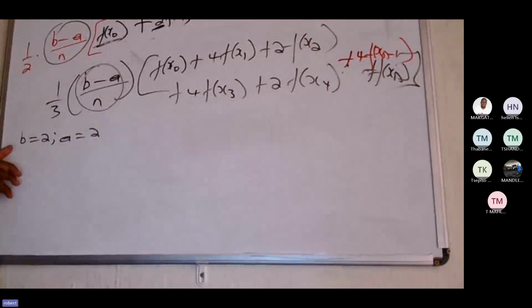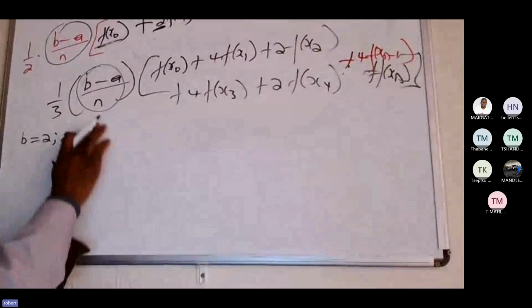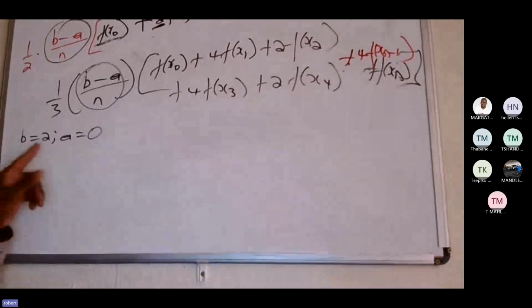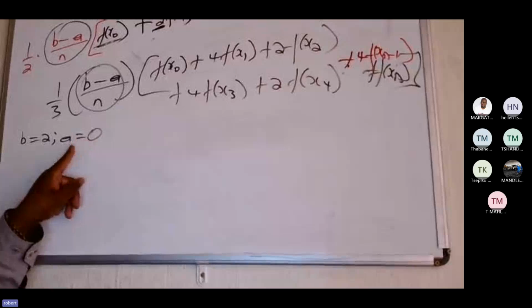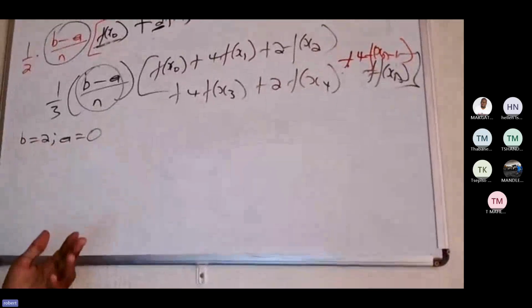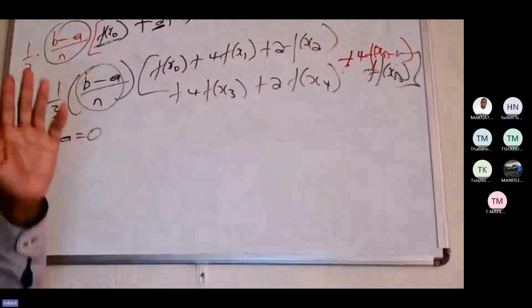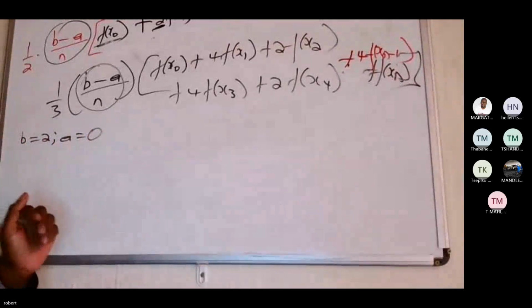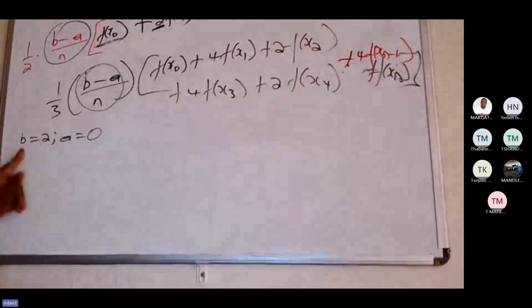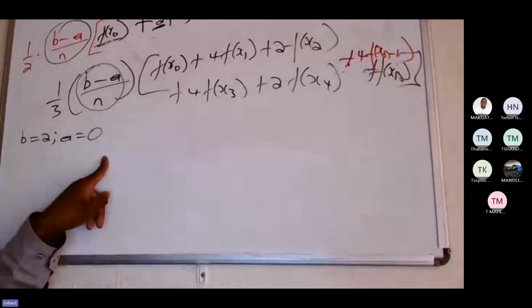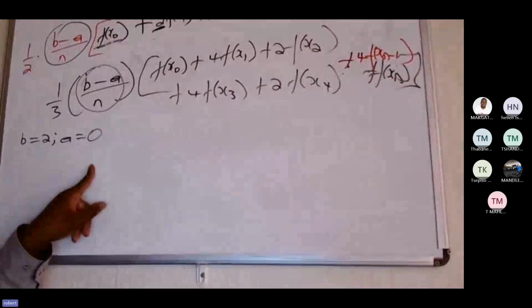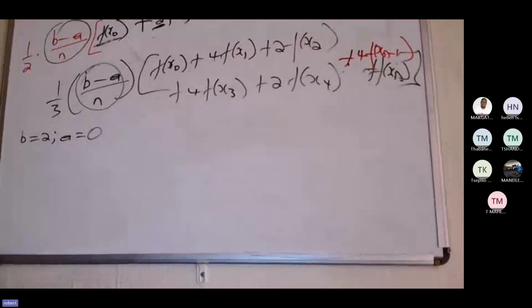A is how much? A is 0. But don't forget, it's not like A will always be 0. A can be any number. A can be 4. A can be 7. But obviously B must always be more than A, because we are saying from A to B, meaning A can be a negative number.